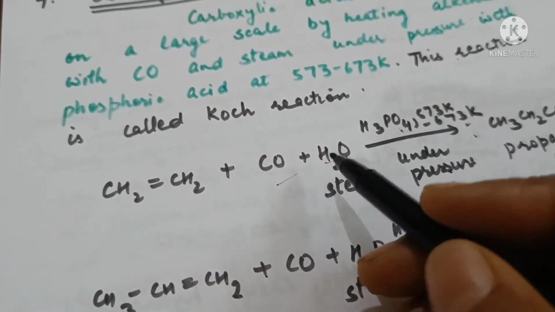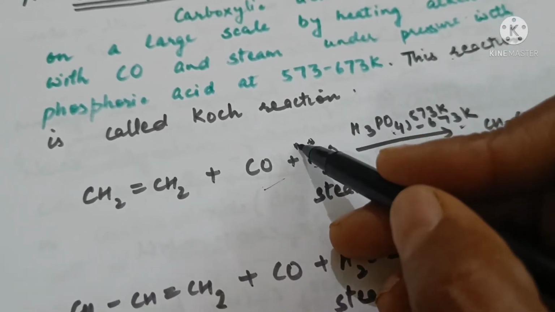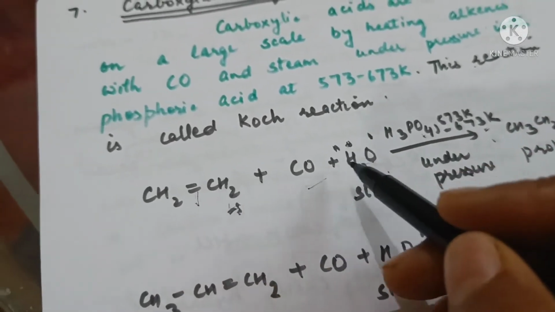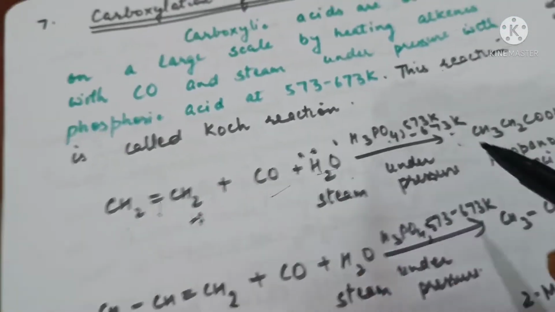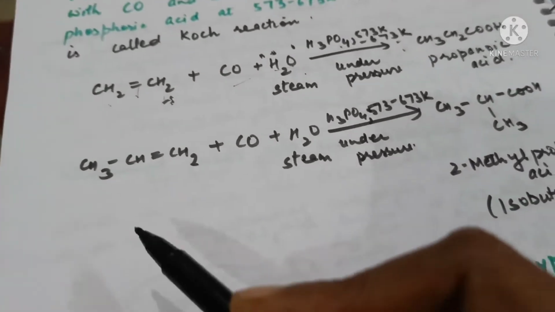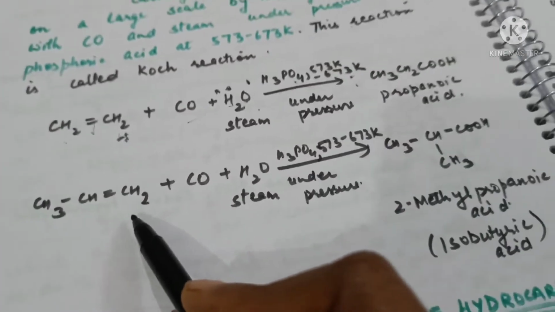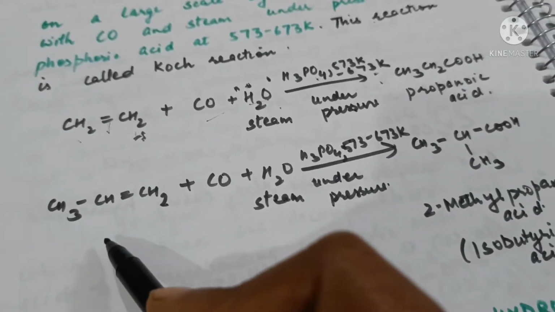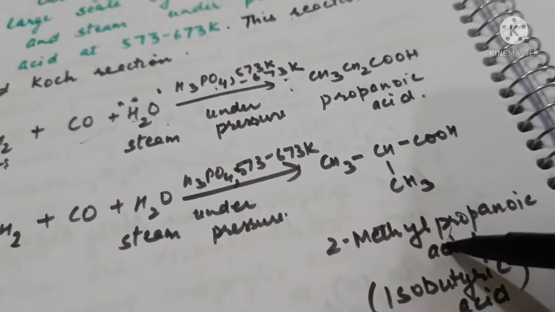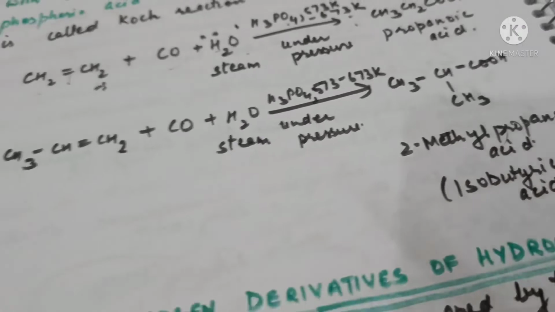This water breaks as OH and H. The bond will break. H will be added here and COOH here to produce propanoic acid. Similarly, in unsymmetrical alkene, the COOH group will be attached at the carbon containing fewer hydrogens to prepare 2-methylpropanoic acid or isobutyric acid.